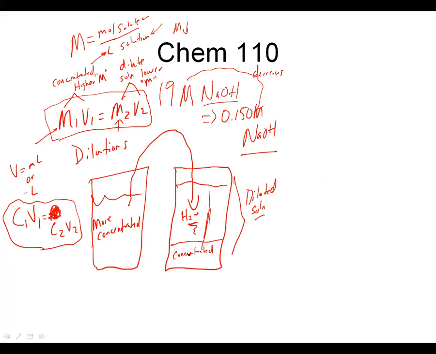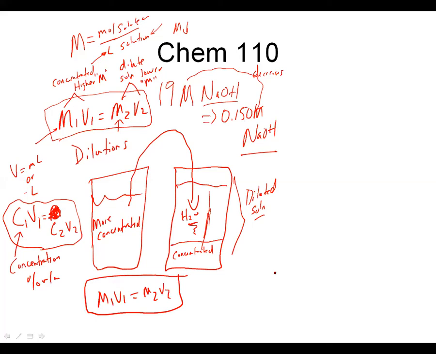It's just generic concentration, so you could use something like percent mass to mass, or percent volume to volume. But most of the time when you do a dilution, it's M1V1 equals M2V2, because molarity is the most common unit of concentration. Questions on that?